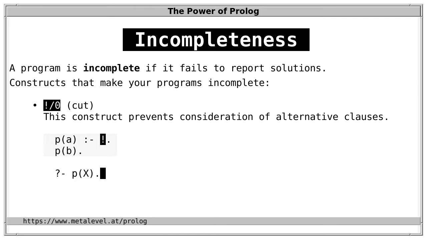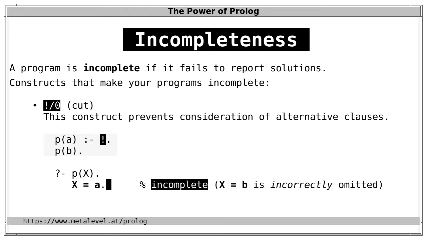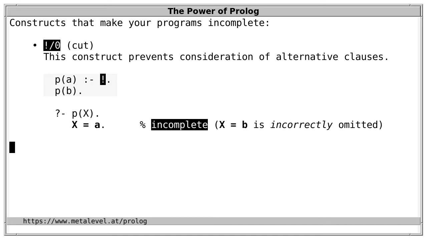And now we generalize the query and ask, for which terms X does p hold in general? Then we get a as the only solution. And that's clearly incomplete because we already know that b is a solution too. So in a sense, the predicate has forgotten to mention that there is an alternative, since the solution X is b is incorrectly omitted.